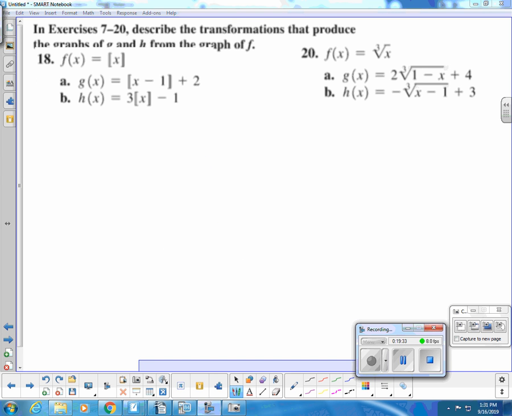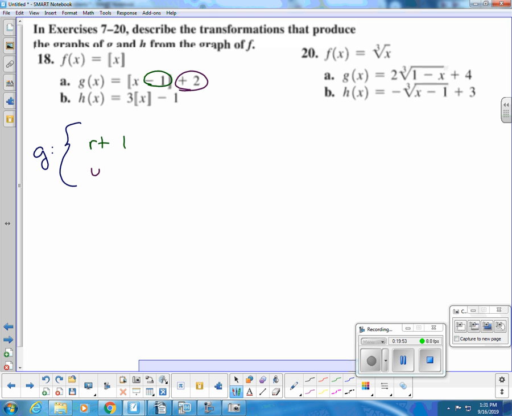All right, so the first one, let's just do the A one first, the g function. So what does this -1 do? Moves it to the right one. And what does this +2 do? Up 2. Okay. And then they have a separate equation, h.